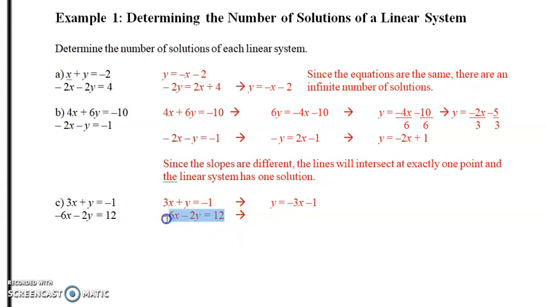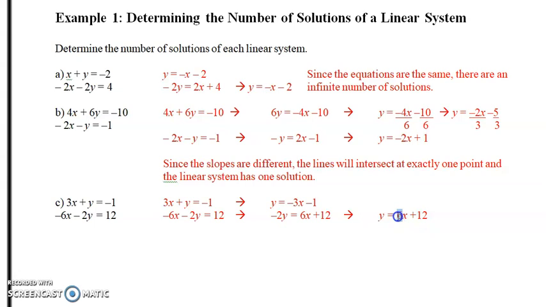Rearrange for y. So we're going to add the 6x to both sides because it's negative on this side, so we're going to get rid of that. And divide through by -2.